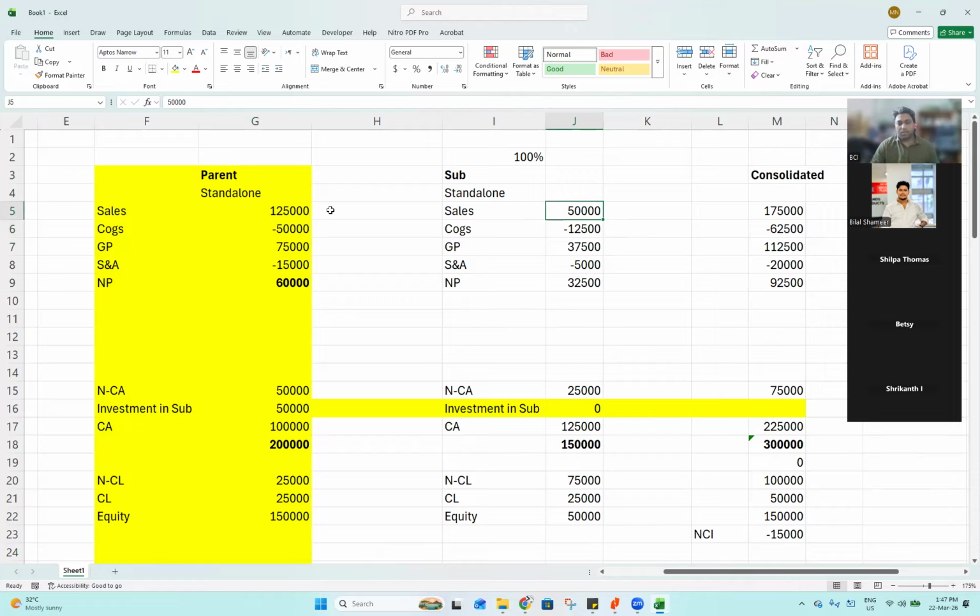Because if I sold something to the parent company and these goods are still in the parent company's stock, then the profits on the stock will be there. Clear? So to eliminate that, I can do an adjustment entry to eliminate the profits. Or if I don't want to do that difficult math, then I can eliminate all the purchases and sales between these two companies. Clear?